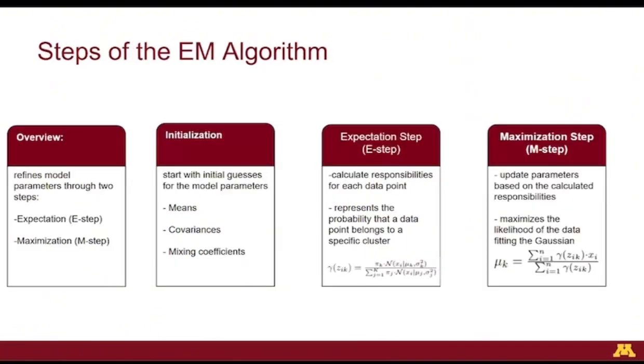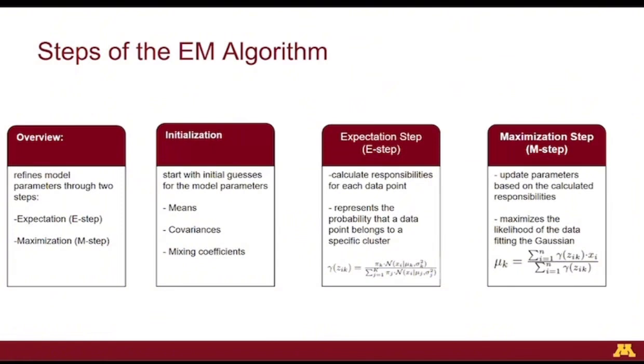And then here I'm going to go into the steps of the EM algorithm. So a brief overview is the EM algorithm refines those GMM parameters and iterates between the E and the M step. And then for initialization, you start with the initial guesses for the means, covariances, and the mixing coefficients.